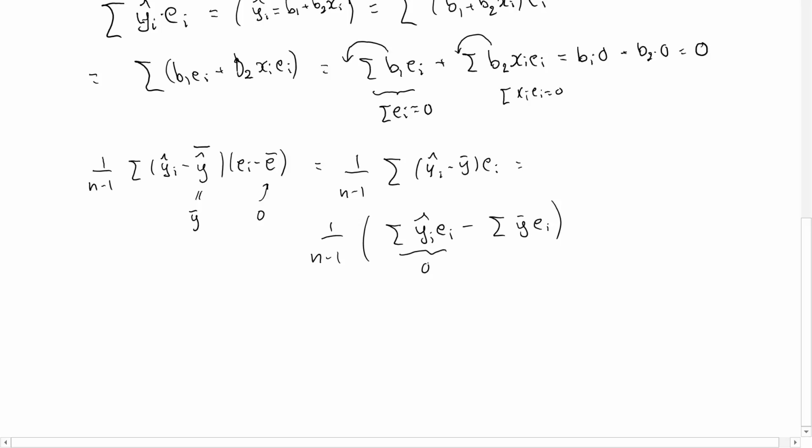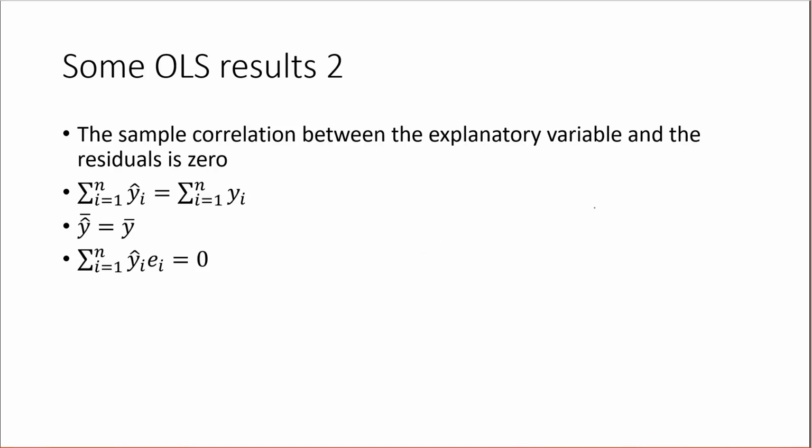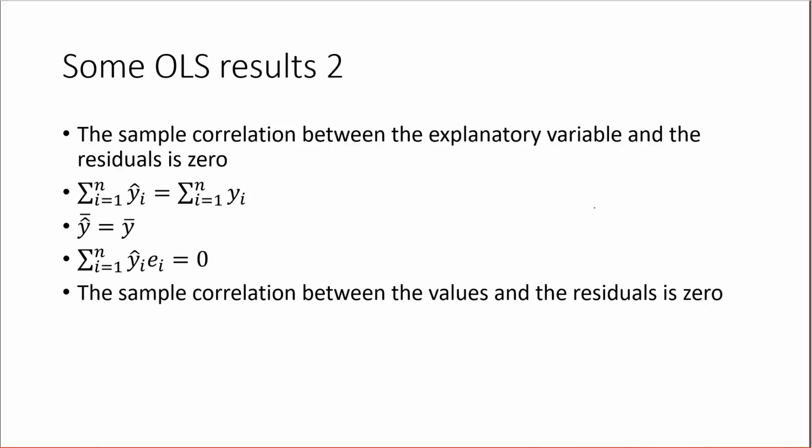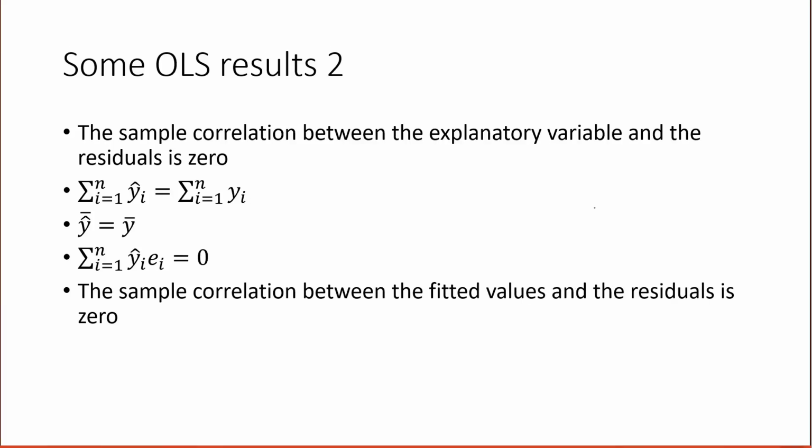This we just saw is 0. For this one, take y bar outside, and summation ei is 0. So this is 0. And if the sample covariance between fitted values and residuals is 0, then so will the sample correlation between fitted values and residuals be 0 as well.